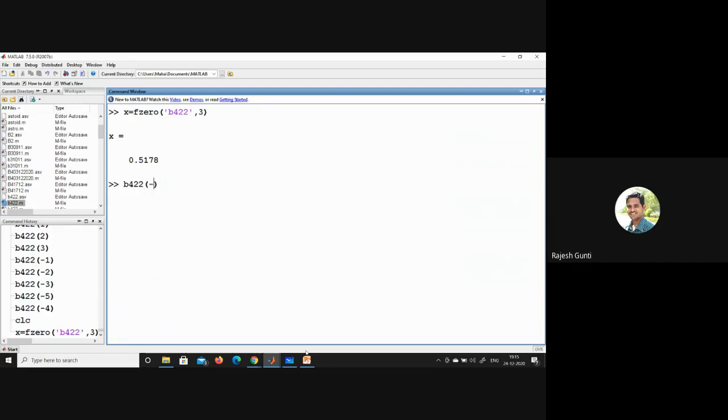The function at x is minus 3.3307 into 10 to the power of minus 16. That means approximately 0. This is a function value, and that we can obtain by giving a command like this also. There is a command here.